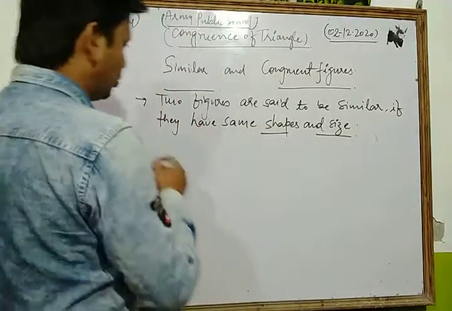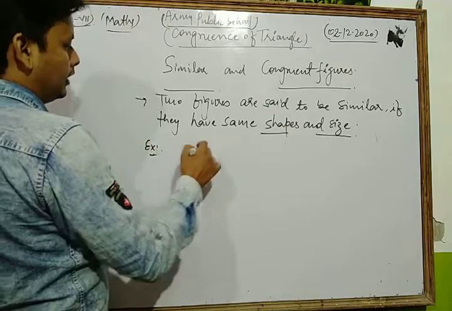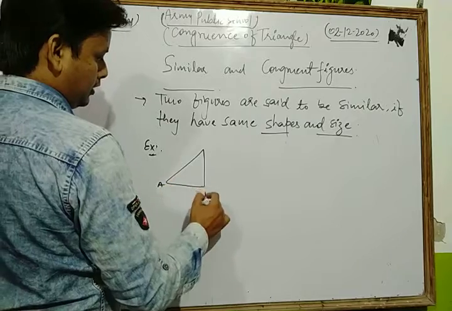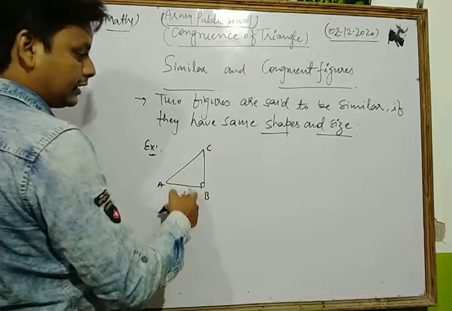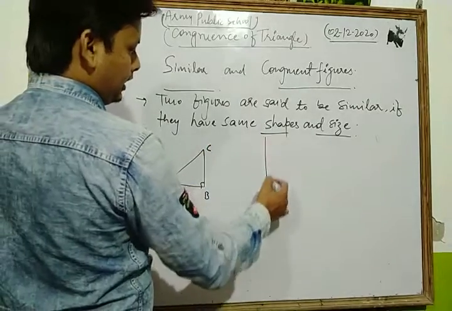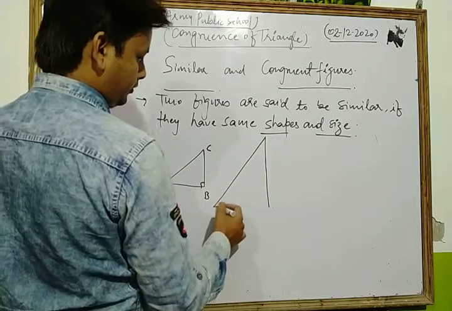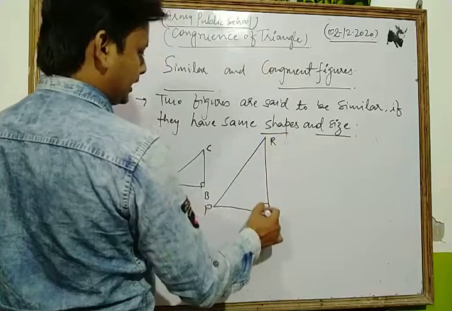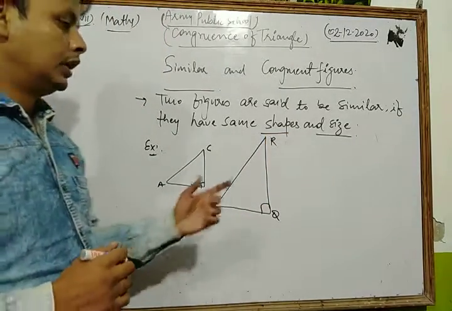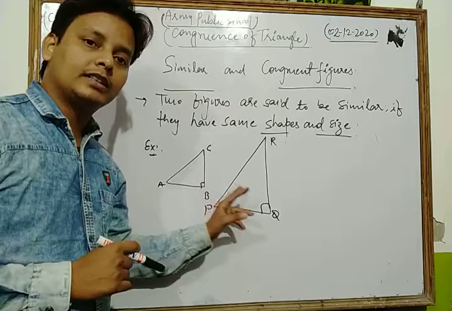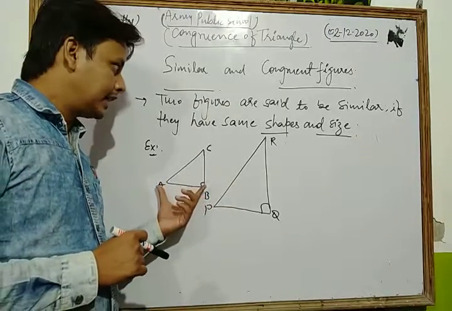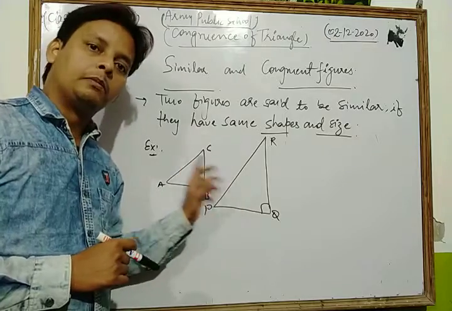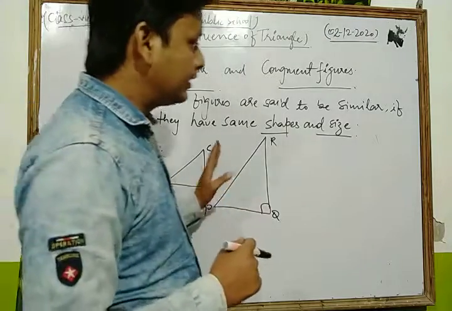Now take some examples of these figures. Suppose ABC is a right angle triangle, right angle at B, and here we draw PQR, a right angle triangle, right angle at Q. This is an example of similar figures, because they have the same shape, both are right angle triangles, but different in size.